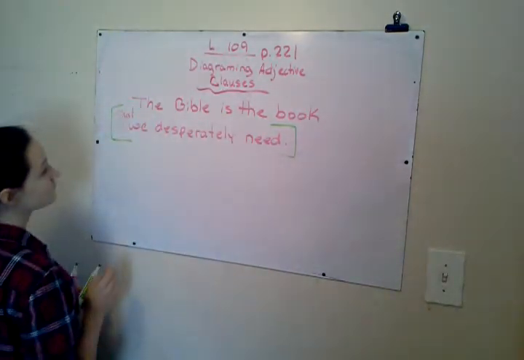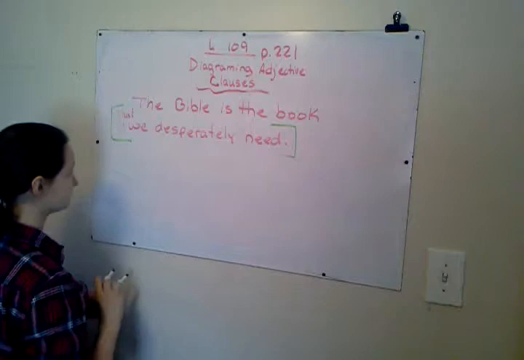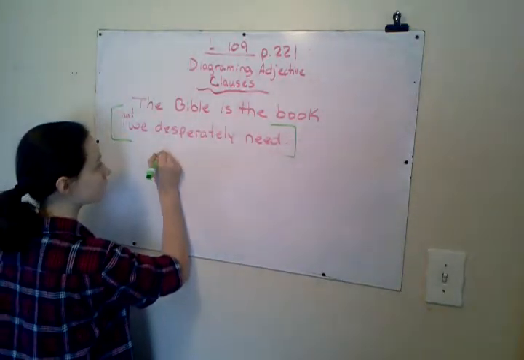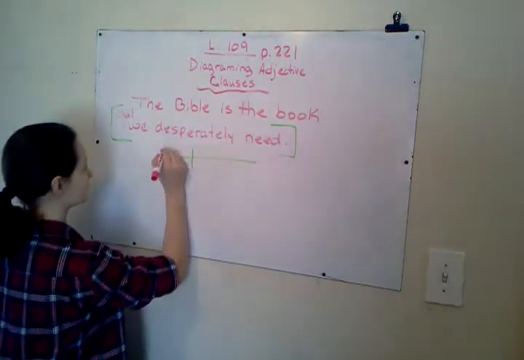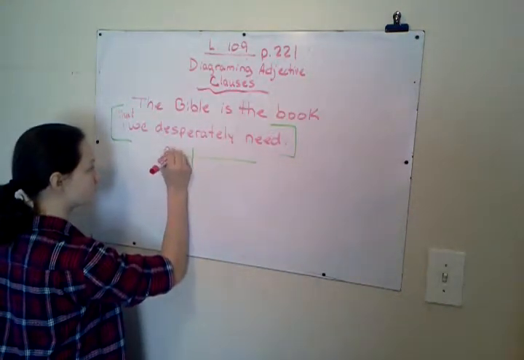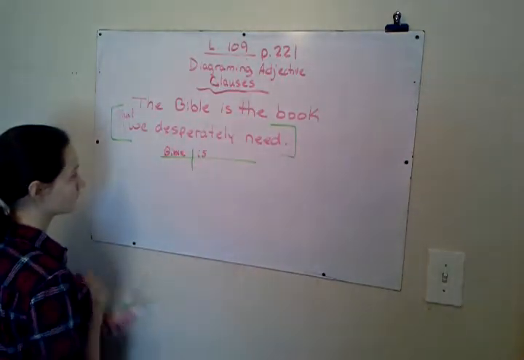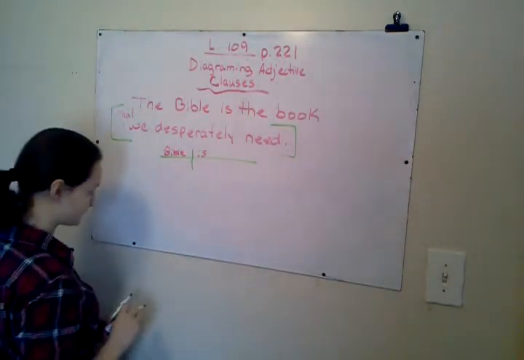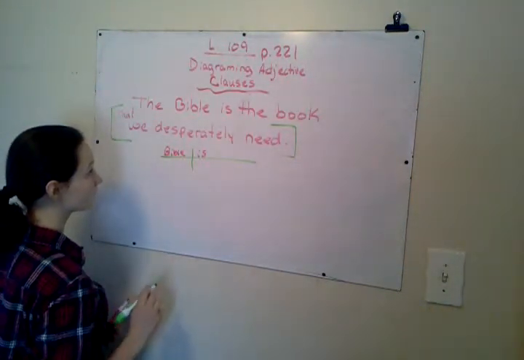That we desperately need. Now let's do the first diagram where we diagram the main sentence. We need a subject and verb for the main sentence. And we have Bible is. Bible is what? Well, notice is a linking verb. So we are going to have either a predicate nominative or a predicate adjective. Bible is book.